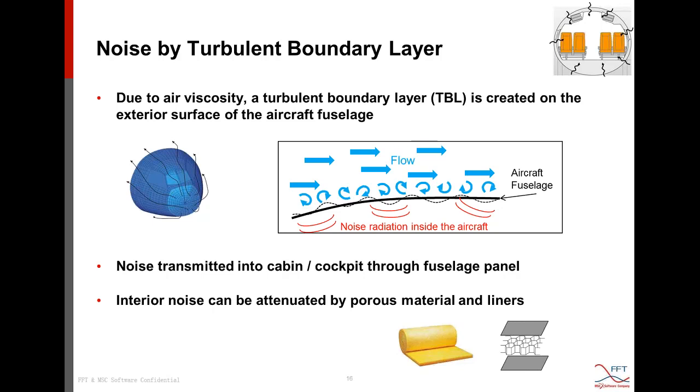To design methods for noise attenuation, the typical method is to implement thermal acoustic material like glass wool for the turbulent boundary layer, or use some commercial liners with a honeycomb structure, mainly to attenuate the propeller or engine noise.